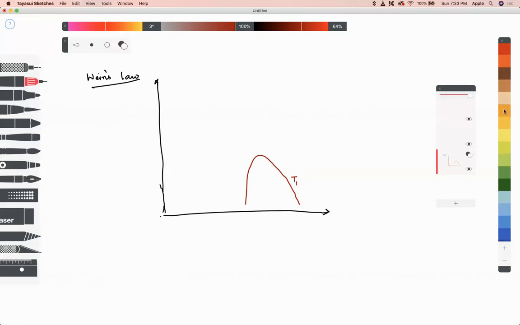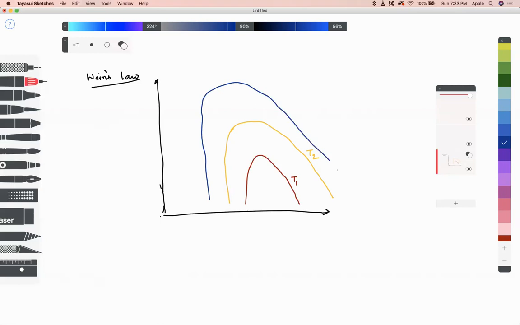Now as we start increasing the temperature of the body, definitely the area of the curve has to increase, because more radiation is now leaving the surface. So we will see a curve something like this. It won't be exact, so please forgive my poor penmanship. Then if we keep on increasing, I will get a curve like this.